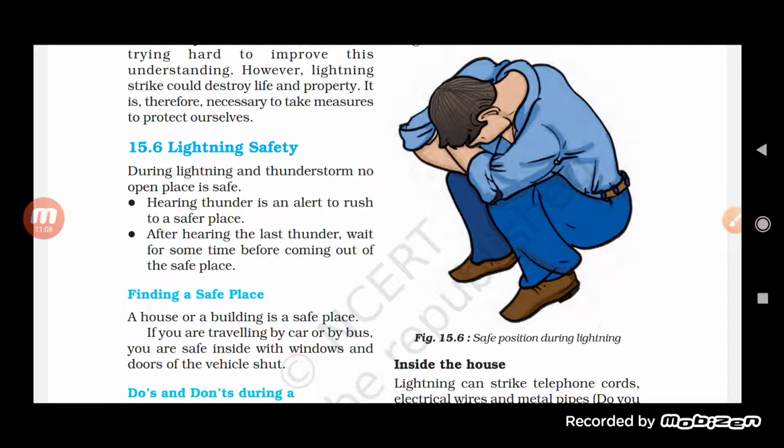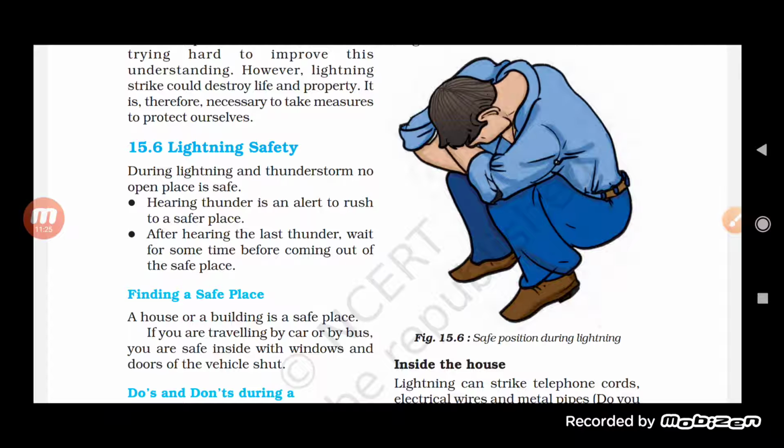So during lightning and thunderstorm, what are the safety measures that a person should take, student? The first one is that during lightning and thunderstorm, there are no open places which we consider to be a safe place.